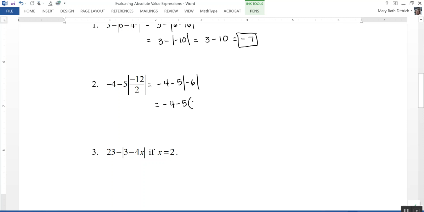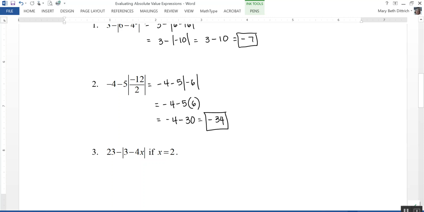The absolute value of -6 is +6. So this turns into -4 minus 5 times 6, which is 30. I have to do my multiplication first, and that gives me -34 as my final answer.